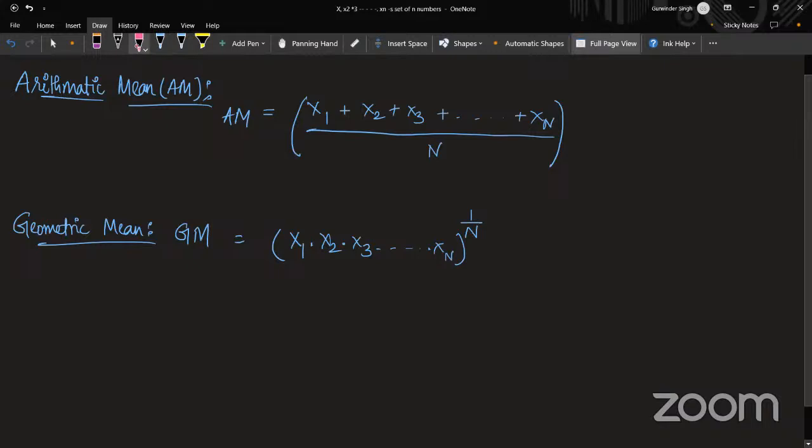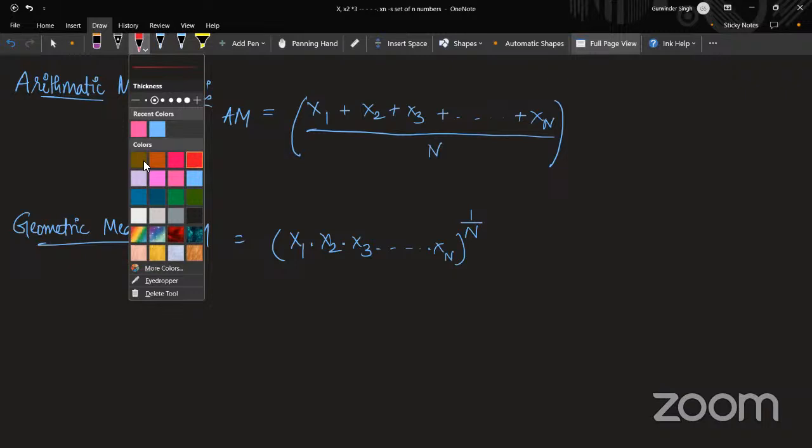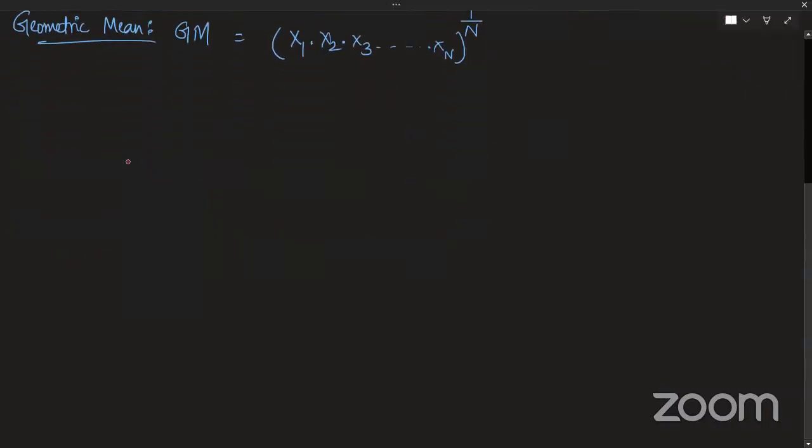So today, two new means I'll be introducing to you. Just remember these two only for namesake. One is root mean square, also called RMS. So what happens in root mean square?